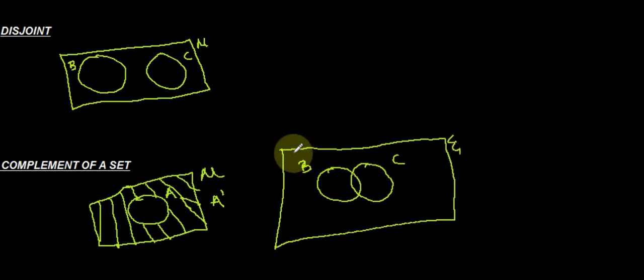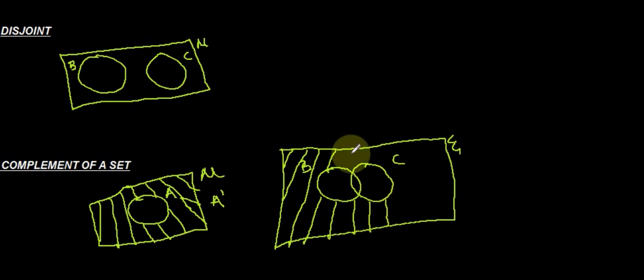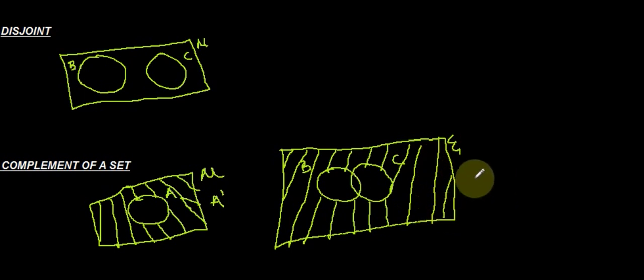The complement of the union of these two sets is this. So this is what we illustrate as B union C complement.